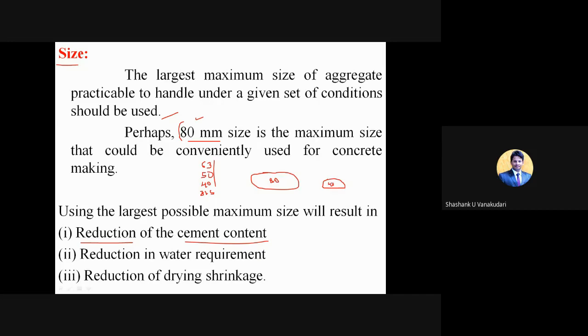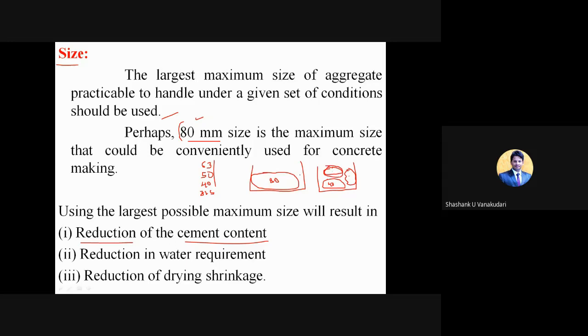So here the surface area will be more in 40 mm compared to 80 mm, because in one particular volume when you have placed the 40 mm aggregates, and in one particular volume if you have placed 80 mm aggregates. Clear? So where you have used smaller particles, they will have more surface area, right? That time the surface area has to be covered with other ingredients like fine aggregate as well as the cement.